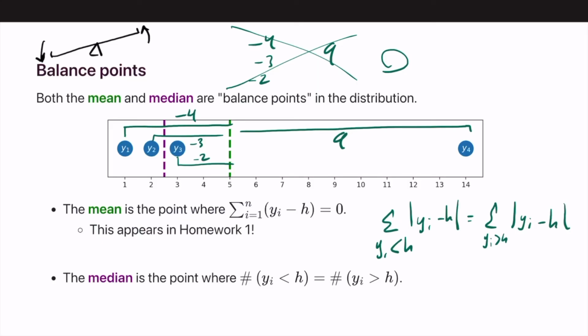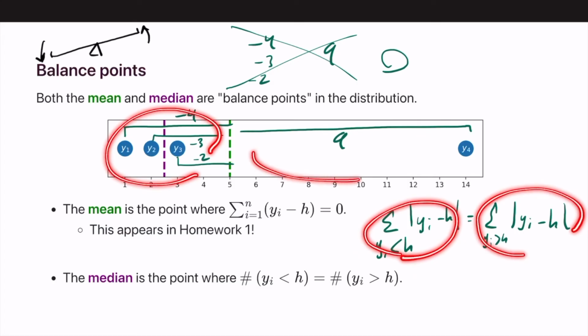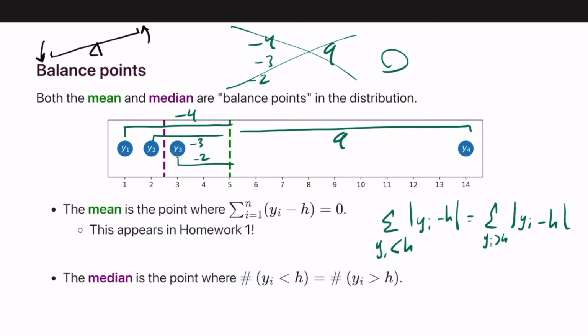So we're essentially just doing this for the points where they are below and the points where they are above. And if that equals 0, which in this case it does, then that gives us our H star.